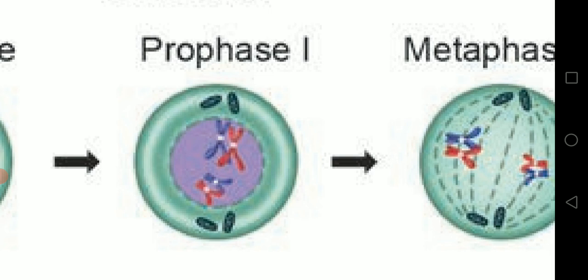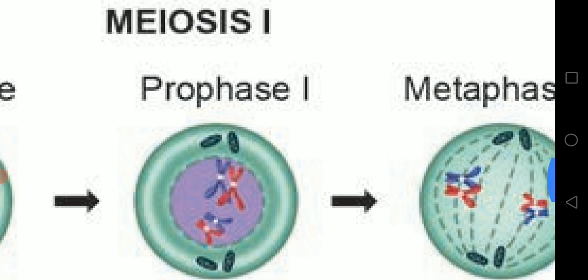Each bivalent now consists of 4 chromatids. That is, we call it the tetrad stage. The homologous chromosomes of each pair begin to separate.